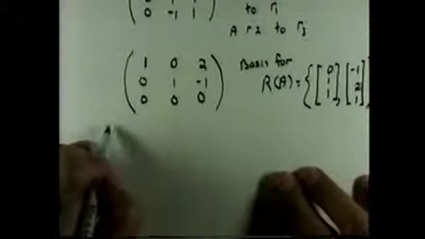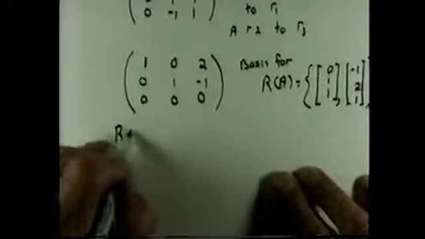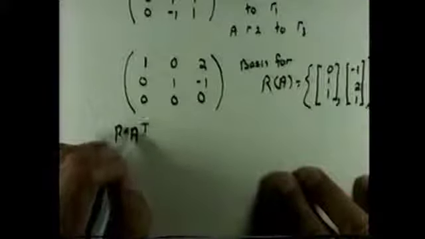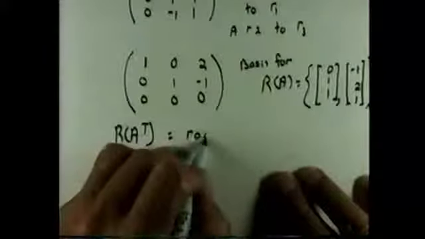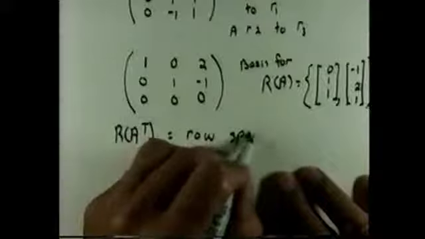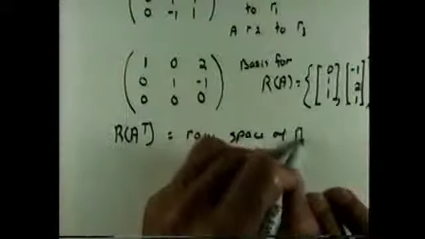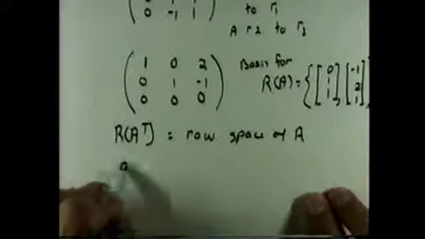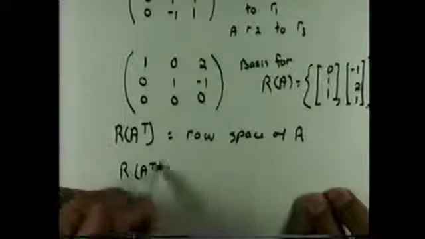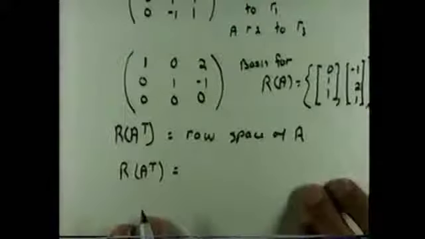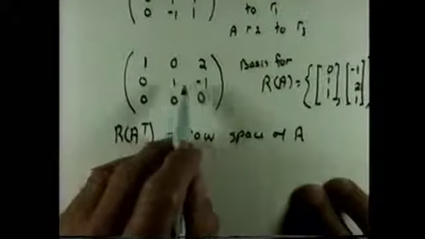Now we know that the column space of A transpose is going to equal the row space of A. Well, the row space of A is going to be 1, 0, 2 and 0, 1, negative 1.